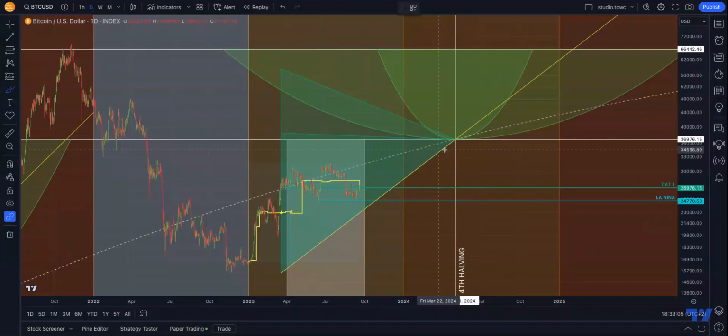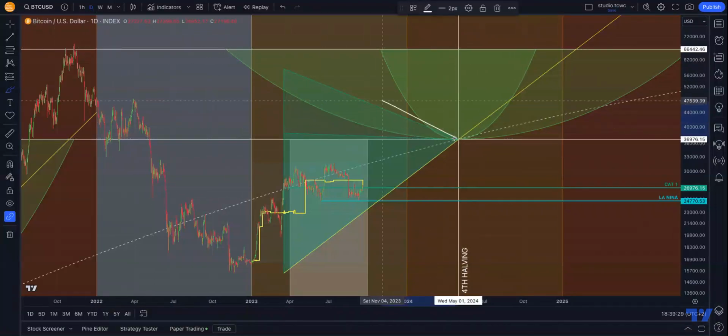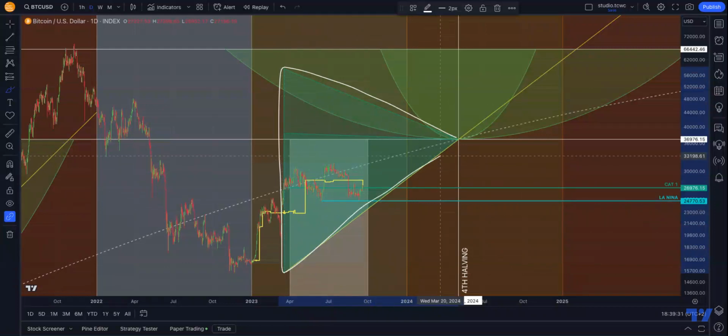But even those will potentially change at some point in the future once we cross into the halving. We'll get that fixed price in there, that price that's etched in time, and we'll plug that price into the forecast model, and it will recalculate both of these triangles here.